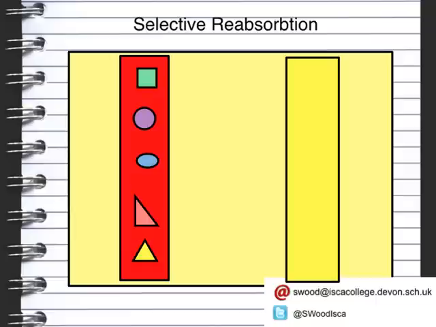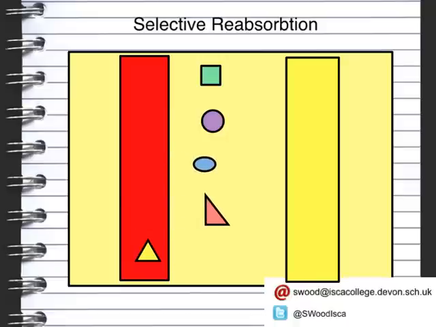So in the renal artery we've got salts, glucose, water, fatty acids, and urea.